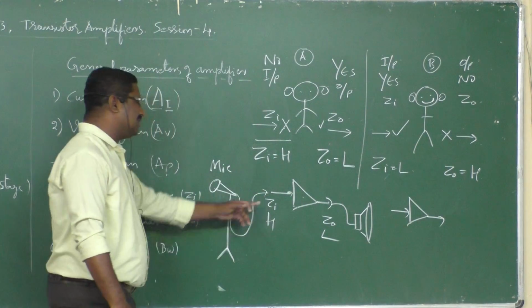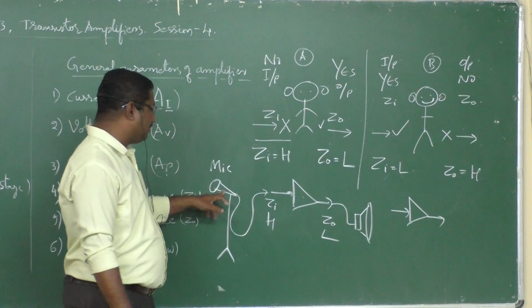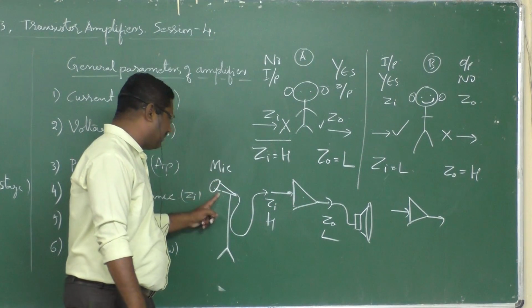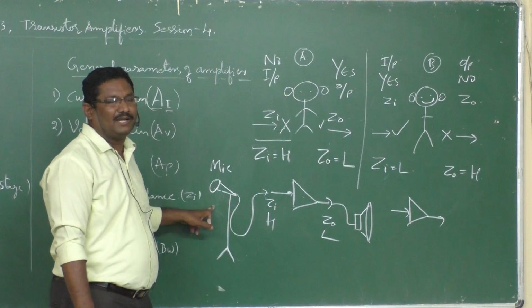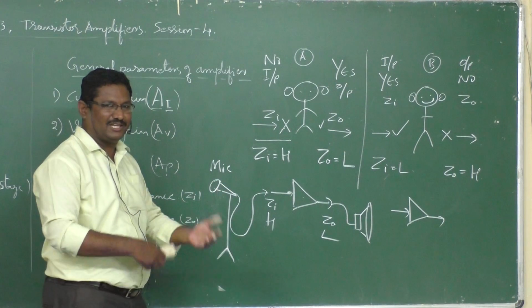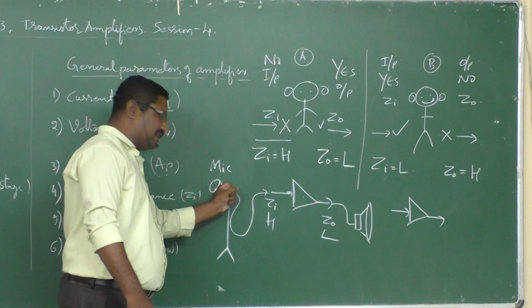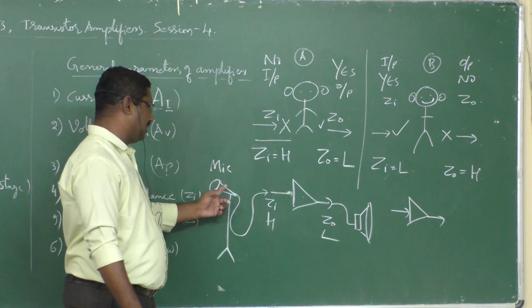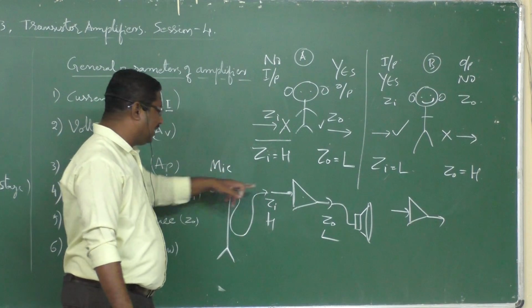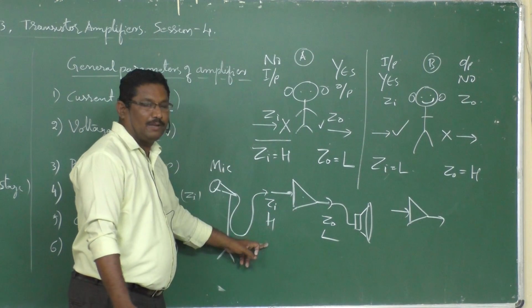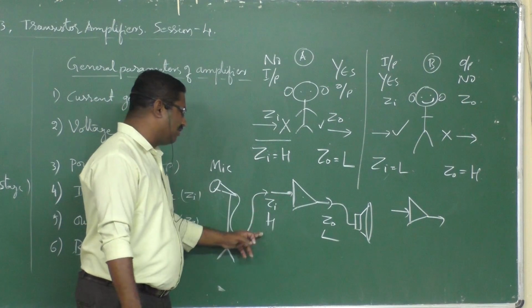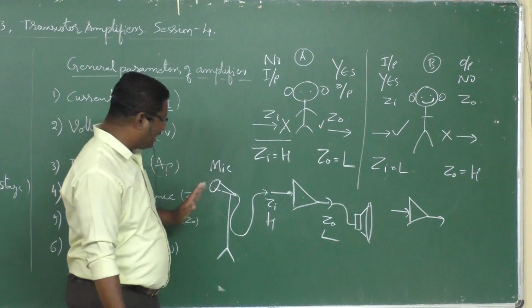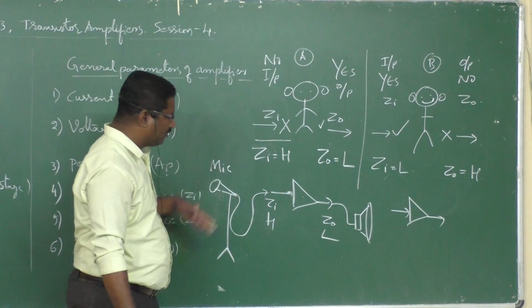So that means this is a very good transistor. How? If it is not having high input impedance, it will ask for current from this microphone. From where will it bring it? This microphone will not generate any current. But if somebody is touching it, what will happen? At that time current from our body will go to this microphone, and because it is having lower input impedance, it will take the current from the microphone. Current goes from our body to the microphone, and from the microphone to the amplifier.